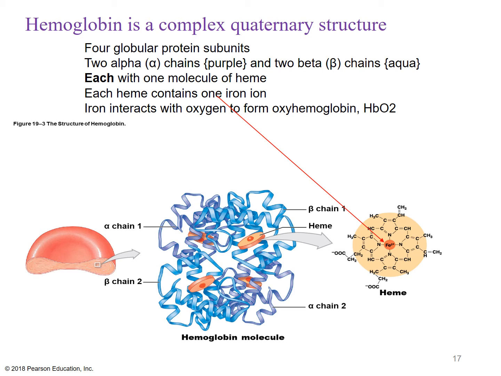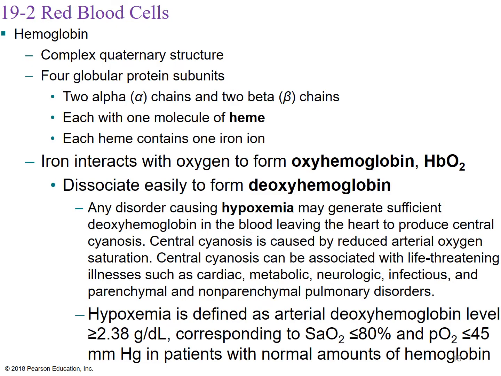The iron is going to interact with the oxygen to form what is called oxyhemoglobin. So if you have oxygen bound to your heme, then we would say that is in the form of oxyhemoglobin. Again, if we have tissues that need oxygen, then that red blood cell is going to have to give up its oxygen and put it over into a tissue.